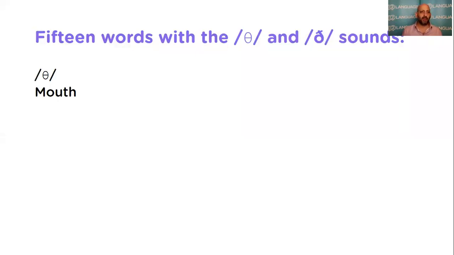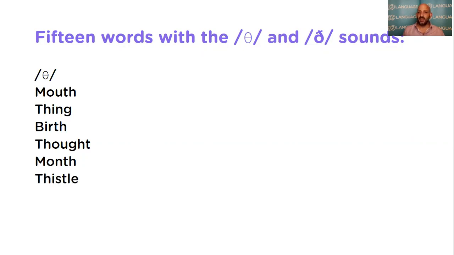Let me see, I don't know what you came up with. I came up with mouth, thing, birth, thought, month, thistle. Thistle, by the way, is the national flower of Scotland. So if you've ever watched the rugby and they sing that song, Flower of Scotland, the flower of Scotland is thistle. And plinth, for a statue, forgive me.